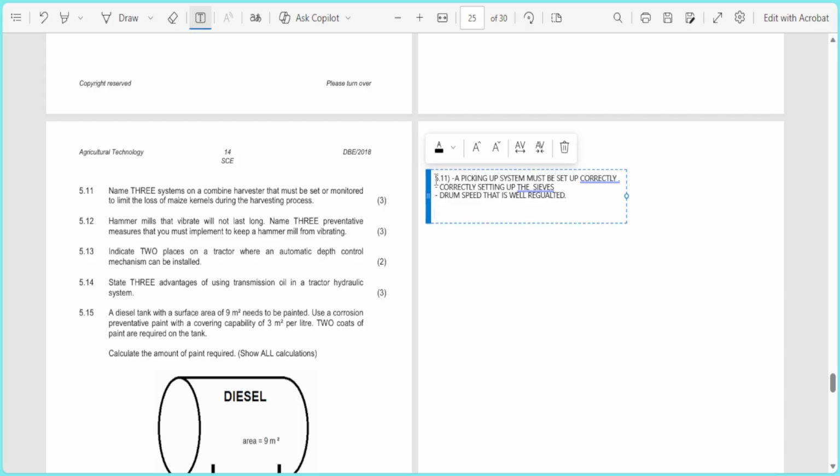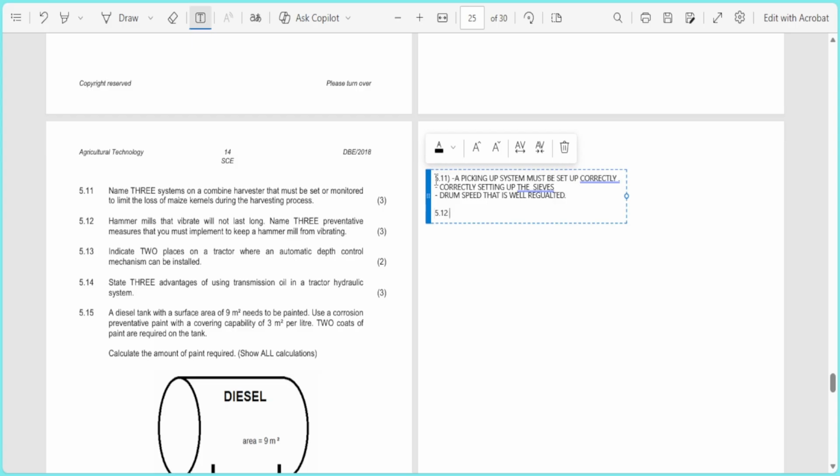Nice. All right, then 5.12. Hammer mills that vibrate will not last long. Name 3 preventive measures that you must implement to keep a hammer mill from vibrating.